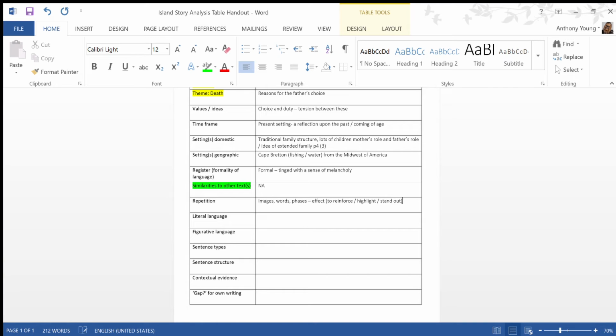And you might think, well, what's the benefit of that idea being reinforced, highlighted, or made to stand out from other things? Is it about tone? Is it about the emotional content of the character? Is it about the way that the character being described is meant to be seen by the reader?